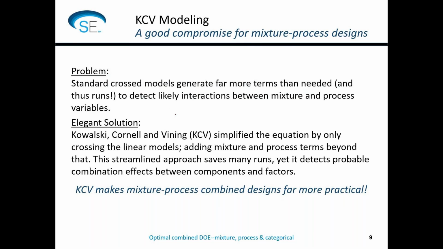That way we preserve the ability to detect combinations of process and mixture, but without going into crazy large terms like 6-order terms that we saw in the last example. So this makes the mixture process combined designs far more practical.